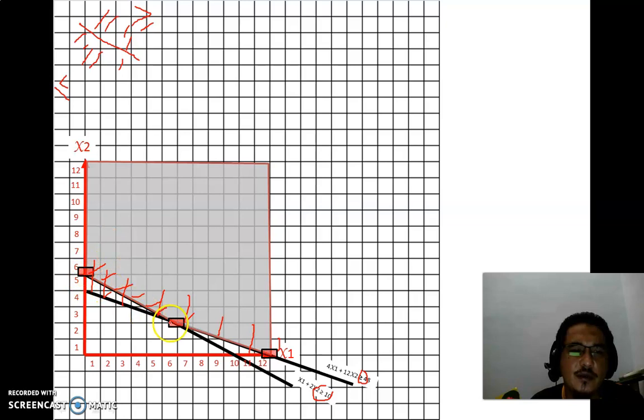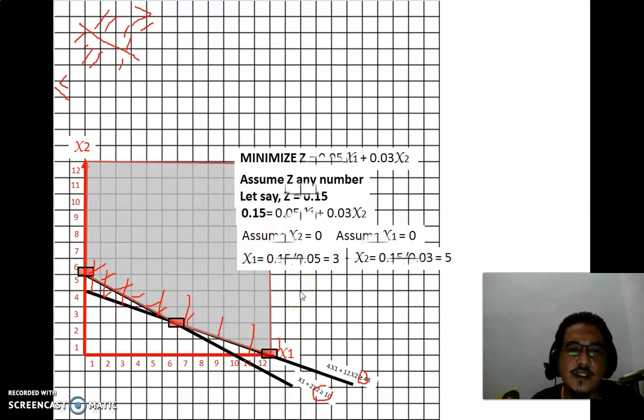1, 2, and 3. So how to solve the problem? We assume Z is any number from the objective. The objective is minimization, minimum Z equals 0.05 s1 plus 0.03 s2. You can assume any number, so let's say we assume Z is 0.15. Inserting into the objective, 0.15 equals 0.05 s1 plus 0.03 s2.